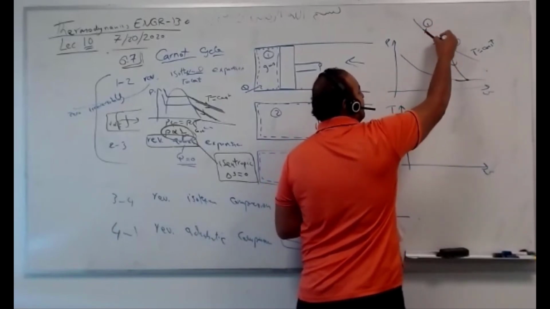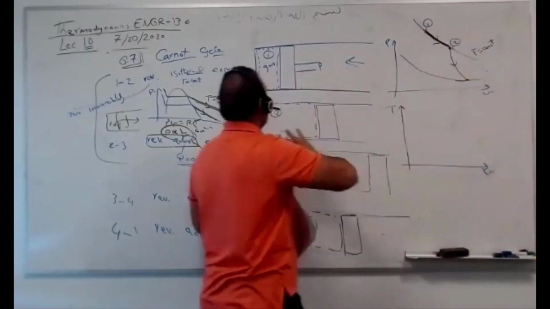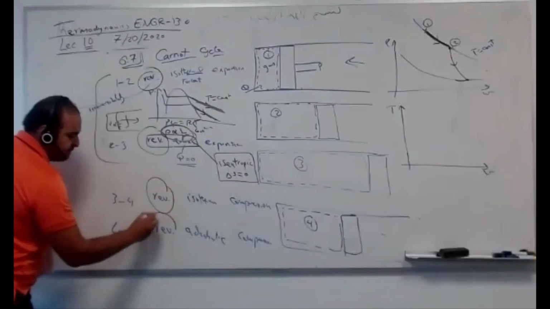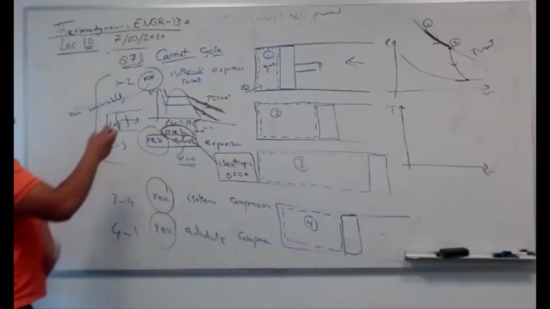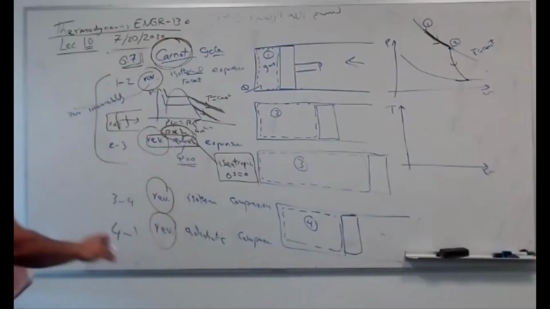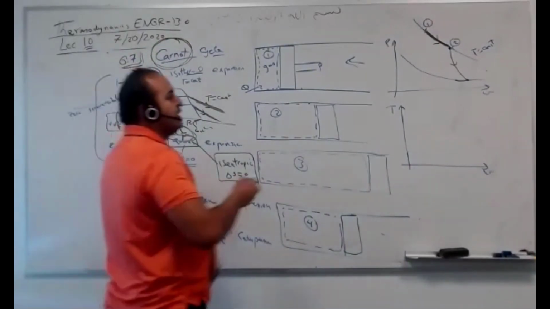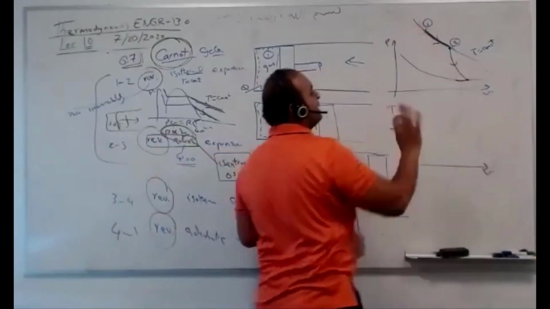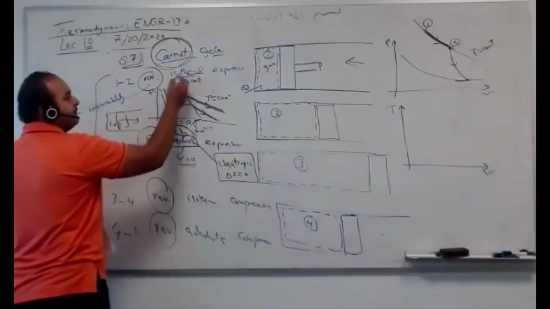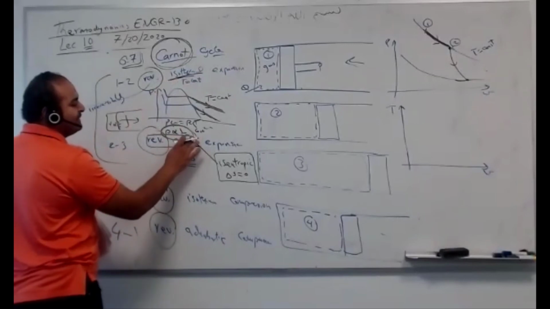This is isothermal, reversible. Everything is reversible. The most ideal cycle ever, Carnot cycle. Everything is reversible. The first one, isothermal. The second one, adiabatic.